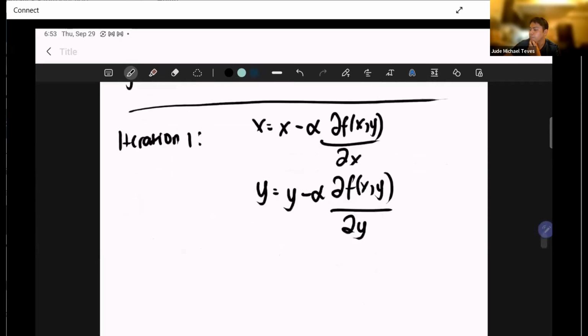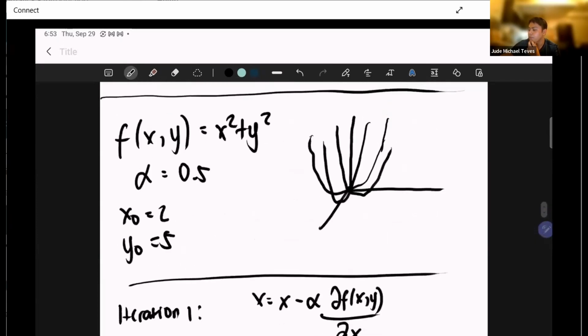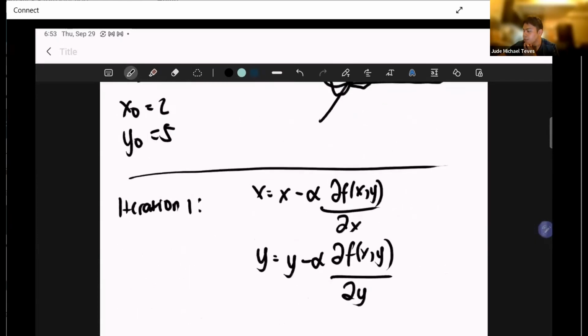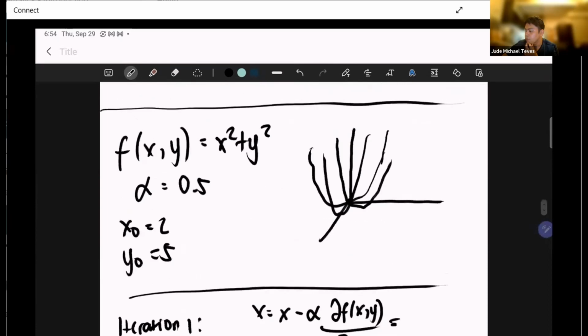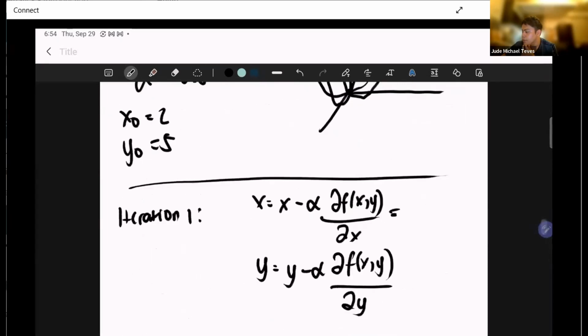But based on the equation, what's going to be this one? What is the derivative, guys?